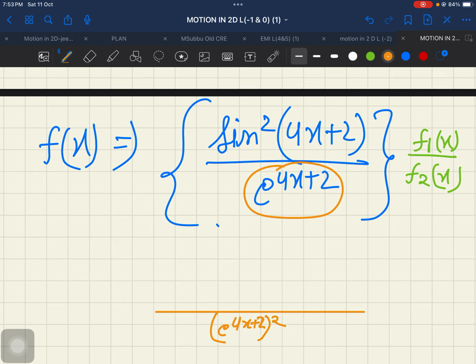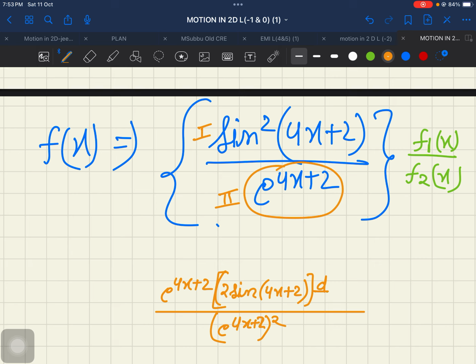Then we have to write the denominator as it is, e to the power 4x plus 2, and differentiate the first function, the numerator function. So the differentiation of sine square of (4x plus 2): you have to consider the complete sine of (4x plus 2) as x, so it is x square, correct? So this will be 2 sine (4x plus 2), and now it does not end right here.